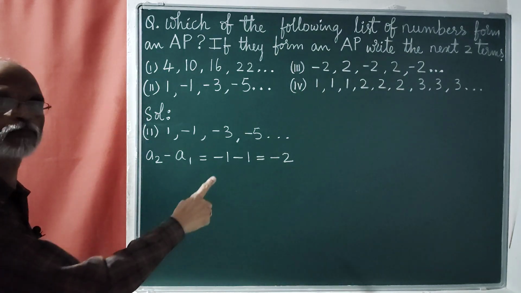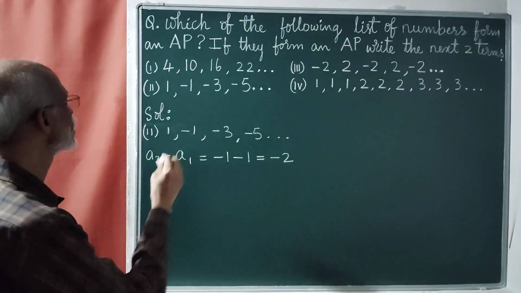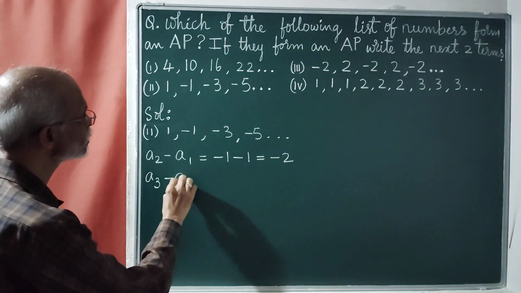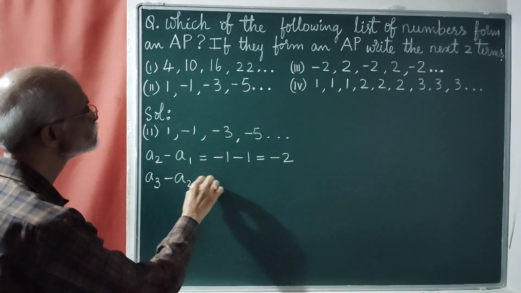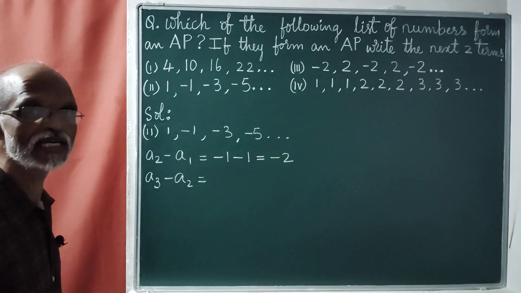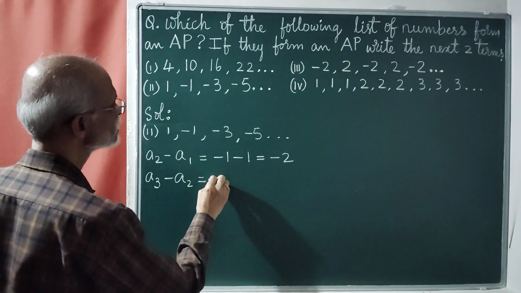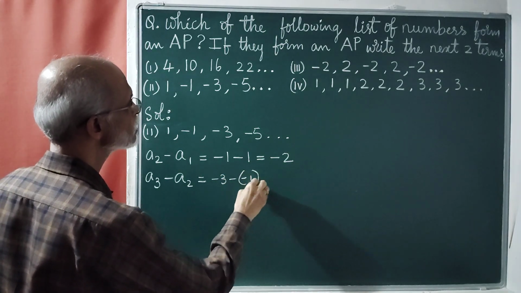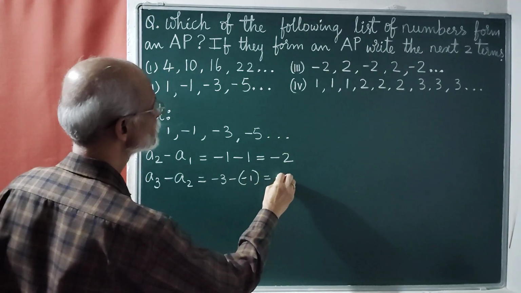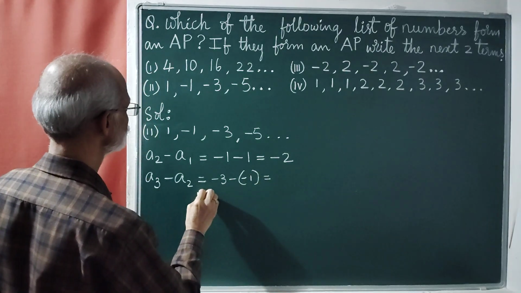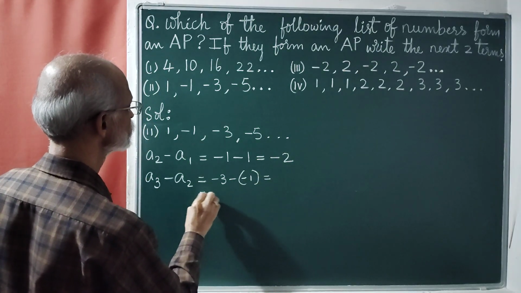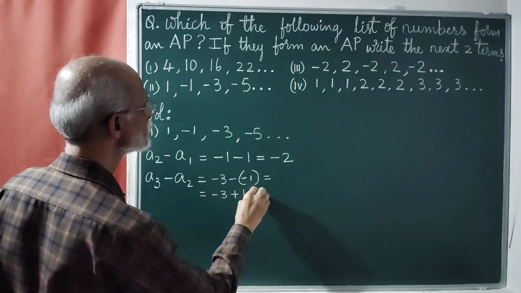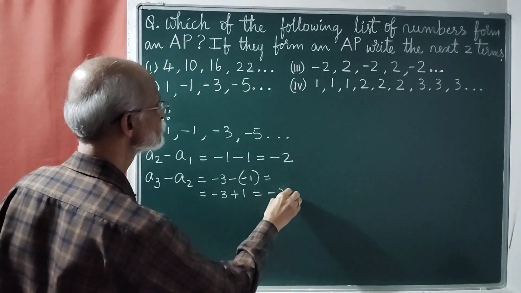Next, A3 minus A2. What is A3? A3 is minus 3. Minus 3 minus of minus 1 is equal to minus 3 plus 1, that is minus 2.